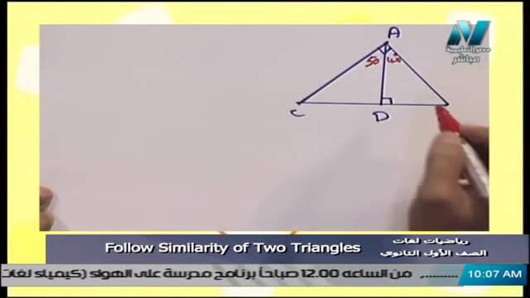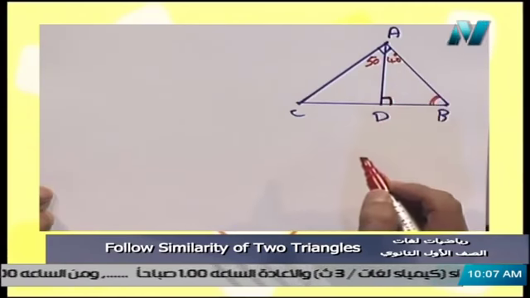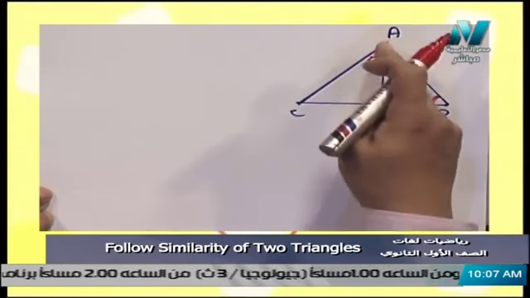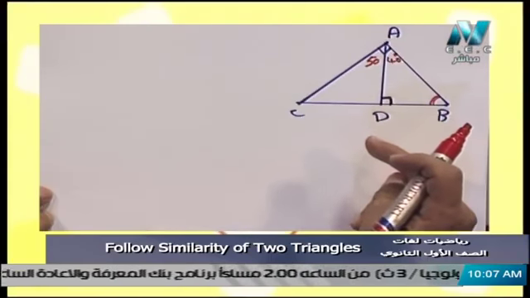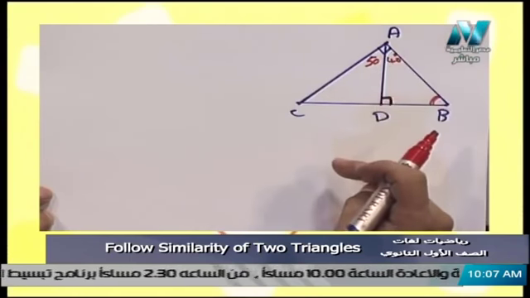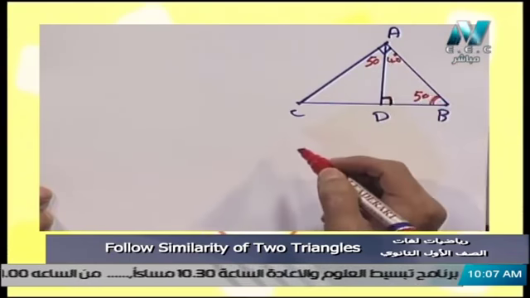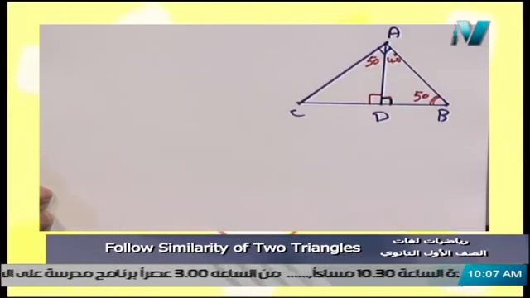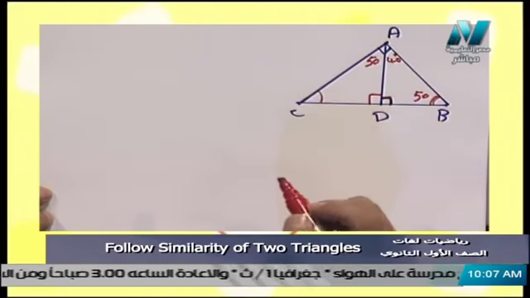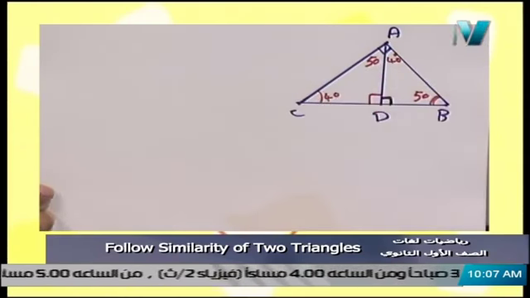Okay, what about measure angle B? We know that here is 90, and the interior angles of a triangle sum to 180, so 180 minus (40 plus 90) will be 50 also. And also we know that measure angle ADC is 90, so we can easily deduce that measure angle ACD is 40.